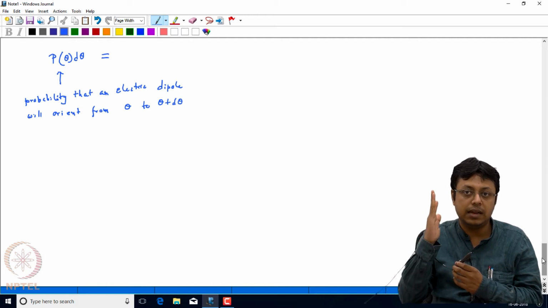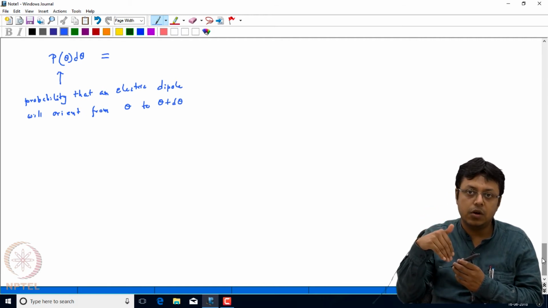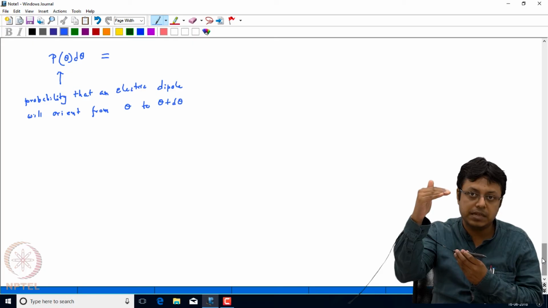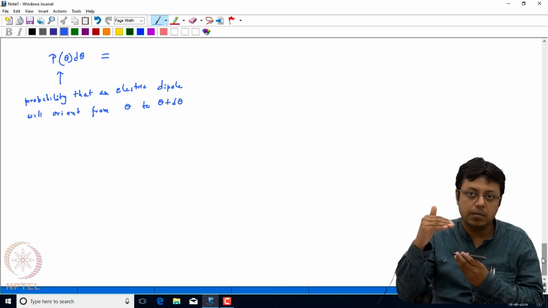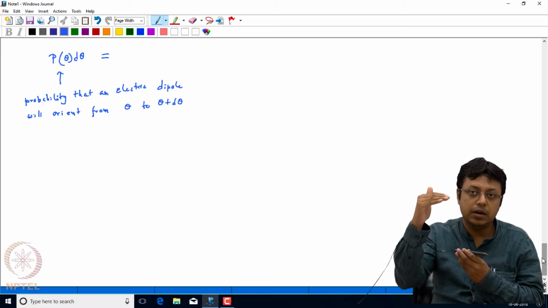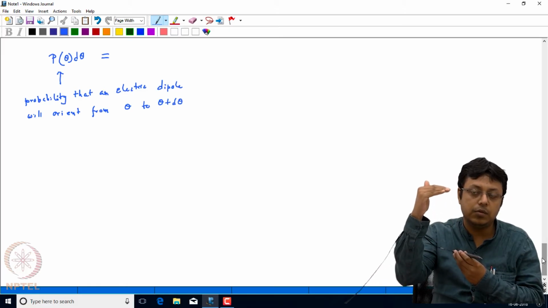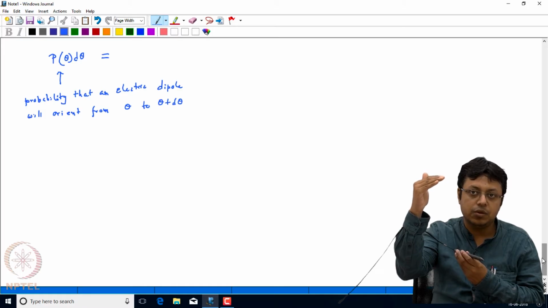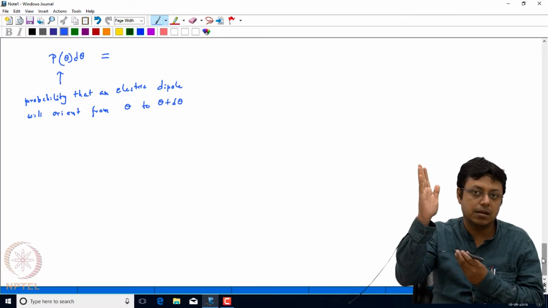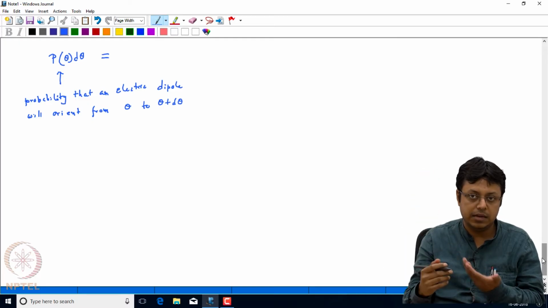One is aligning along the field and one is aligning opposing the field. In one case the energy will be minus mu e, because with respect to the baseline it is going down, with cos theta equal to 1. The other orientation will be theta of 180 degree, so cos 180 degree will be minus 1, and the energy will be plus mu e. So, that is a higher energy.